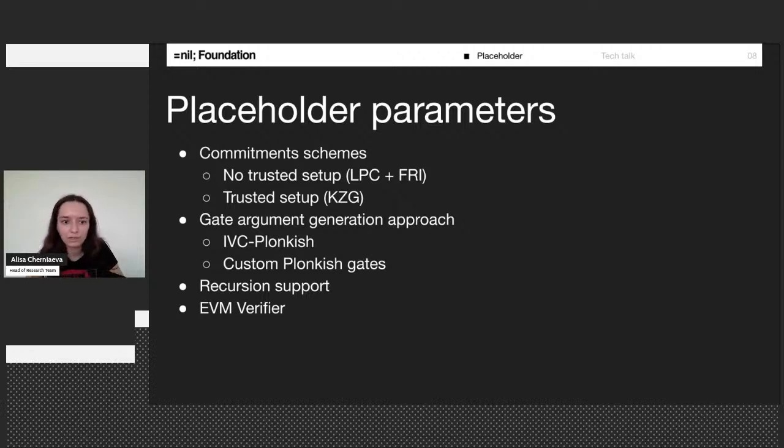I think it would be better to use, like in Protostar, IVC plus PLONK constraints. It is now work in progress, but I believe by the end of the year we will have implemented it. The second option is custom PLONK gates. And of course, we also have recursion support if you need it, and an EVM verifier.